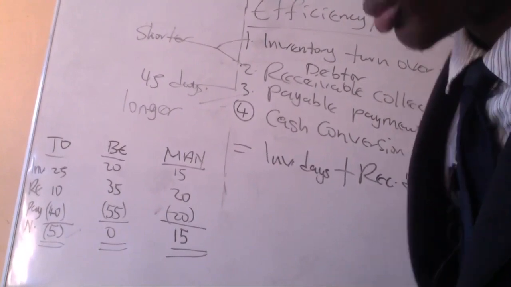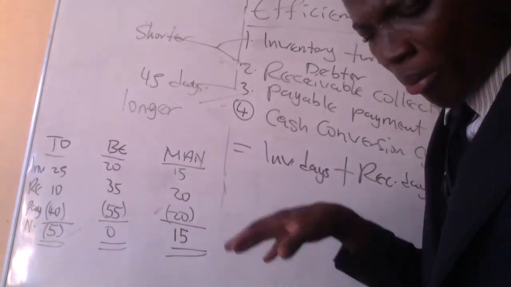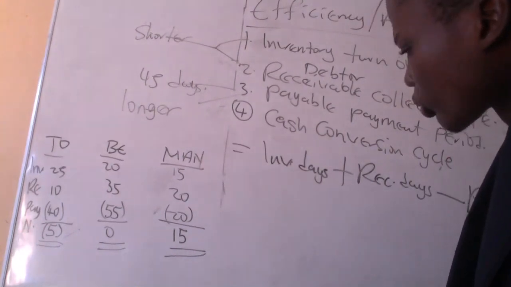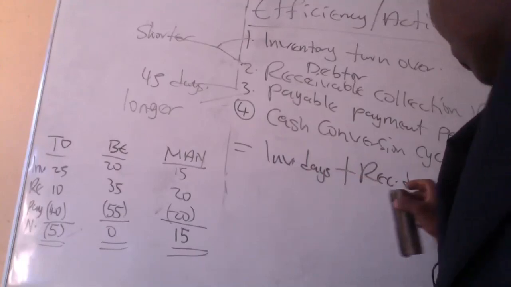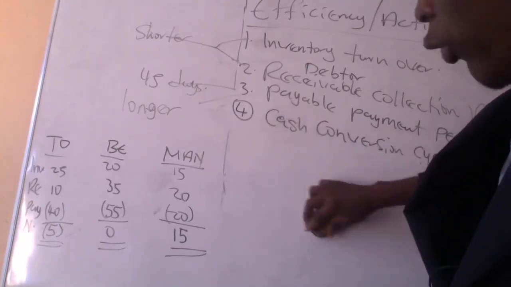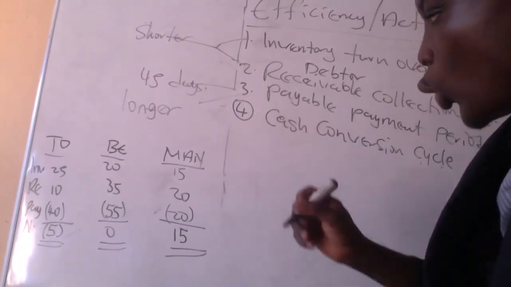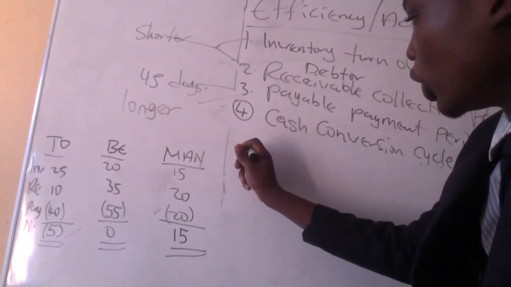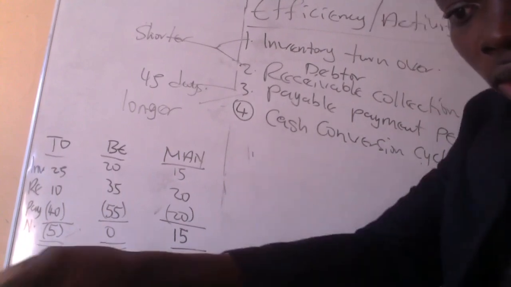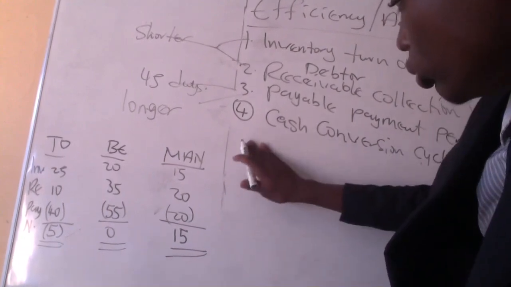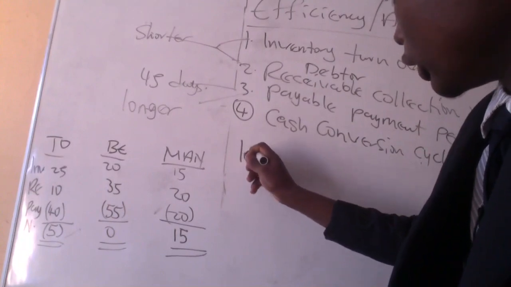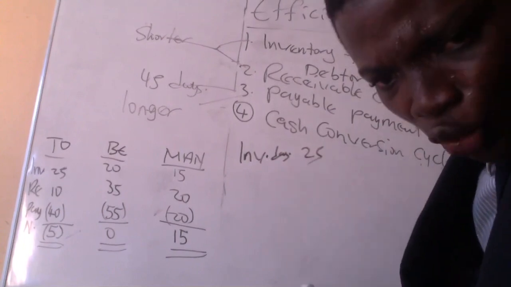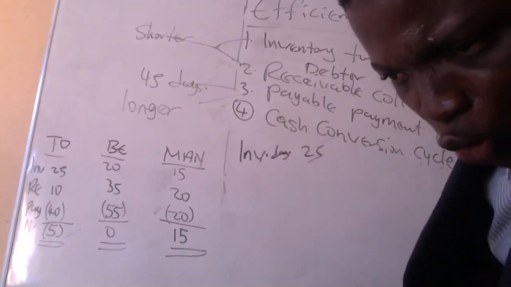Then second, I am going to provide a meaning to this. Now let's take 2 and analyze 2. So for 2, from when it buys the goods, the inventory days is what? 25. So meaning it will take 25 days before 2 will sell.